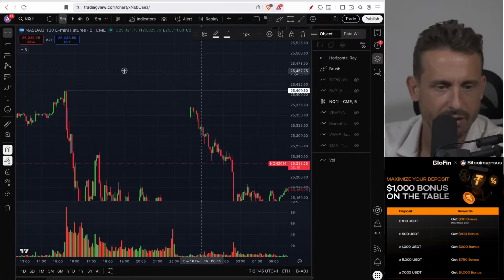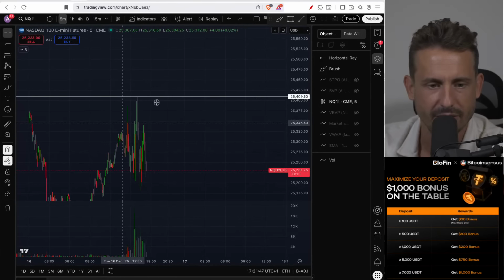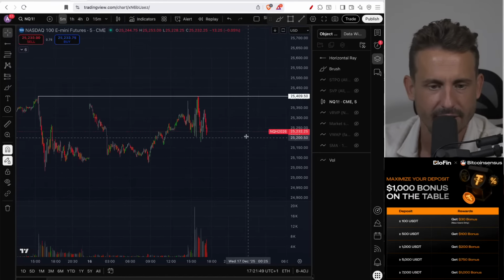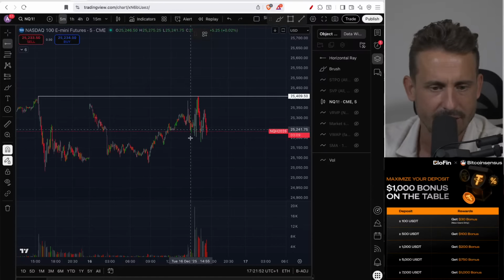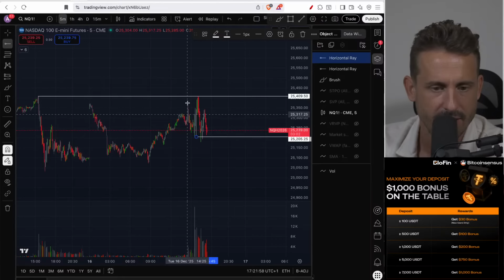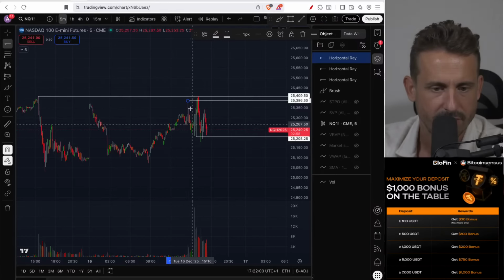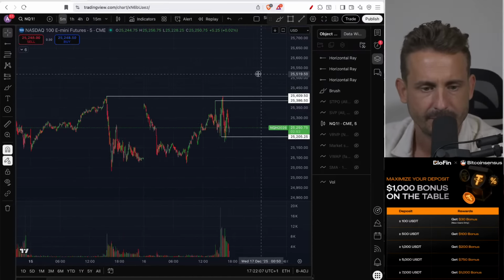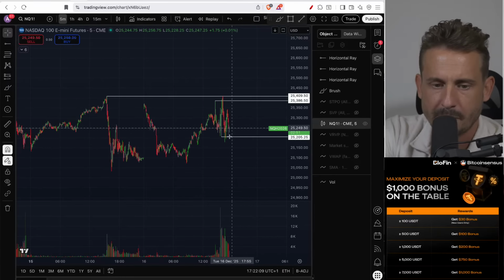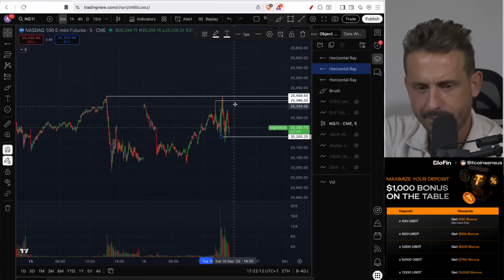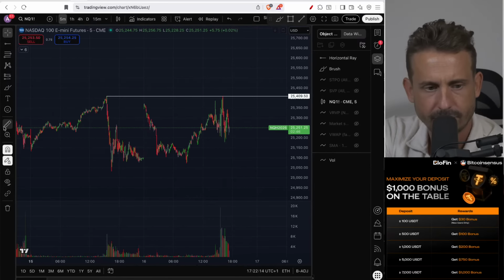A little bit of an internal range SFP territory here on the Nasdaq. But yeah, the Nasdaq hasn't got much. A bit of internal volatility, but tapping lows and tapping highs. Internal SFPs here. Sweep the highs, sweep the lows. Not too much of a movement.